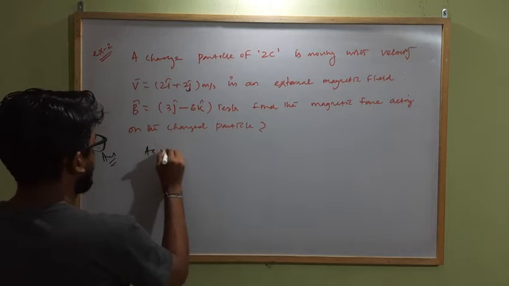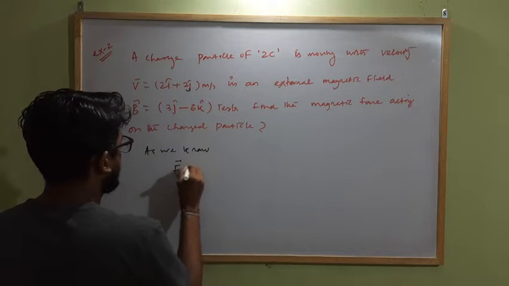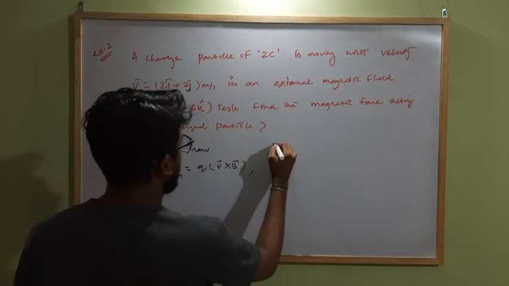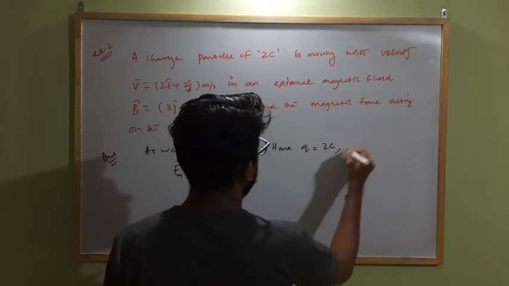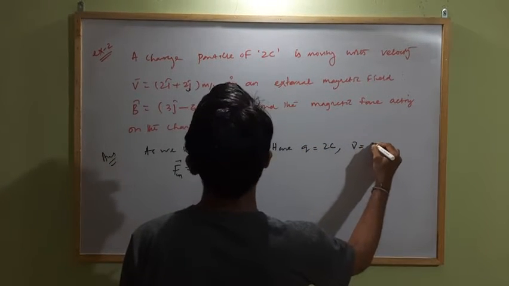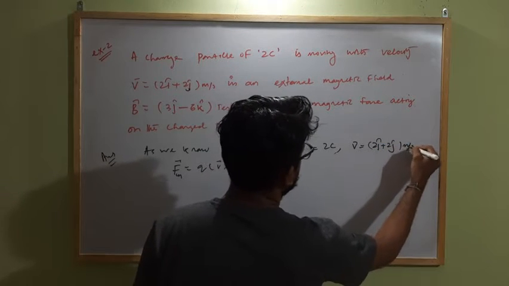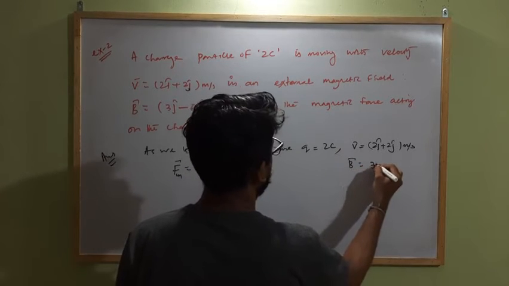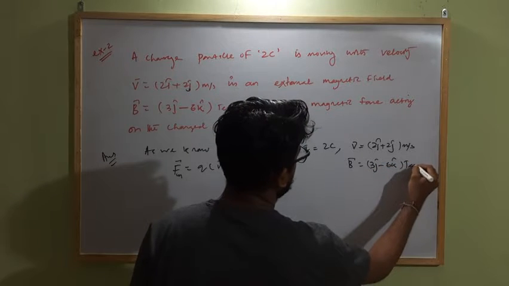As we know, the magnetic force is equal to q v cross B. Here q equals 2 coulomb, v vector equals 2i cap plus 2j cap meter per second and B vector is equal to 3j cap minus 6k cap Tesla.